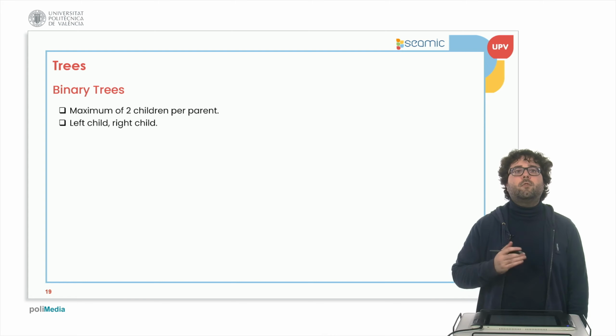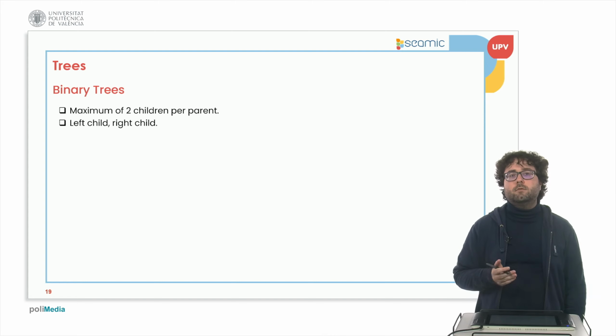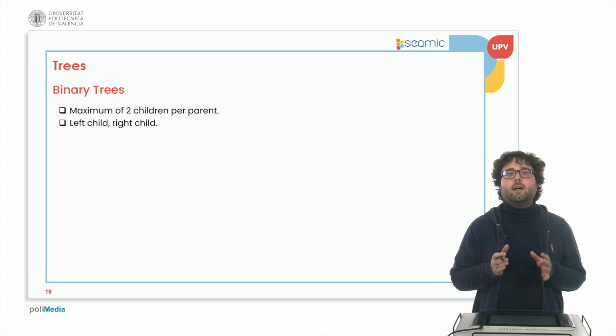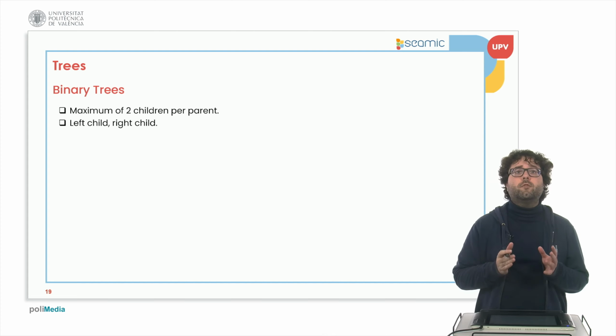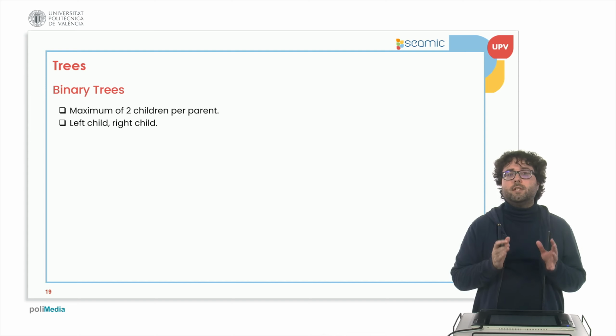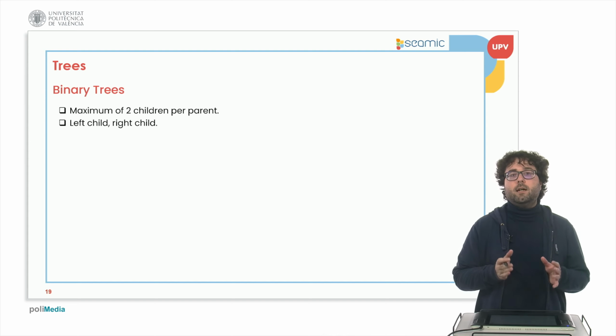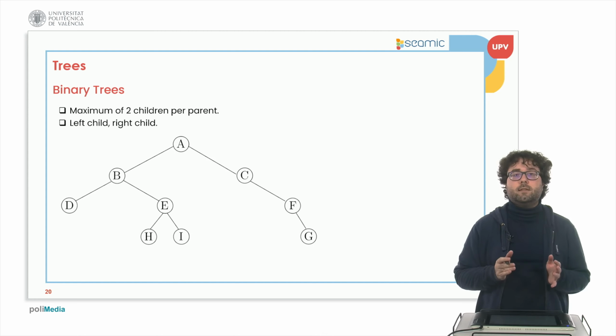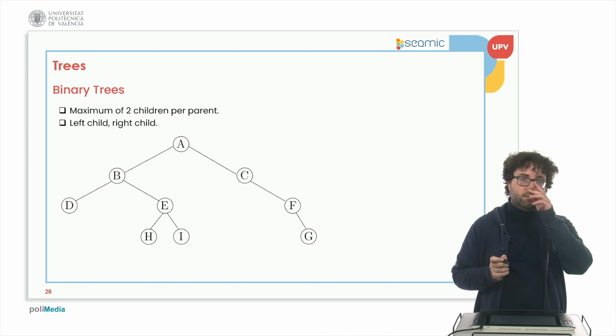Well, now let's move on to binary trees, which are a special kind of rooted trees, which have the particularity of having at most 2 children per parent, and those children are known as left child and right child, which actually is the example that we have been working on.